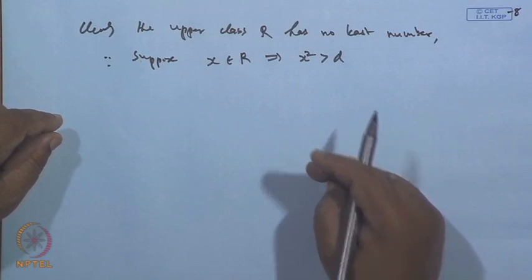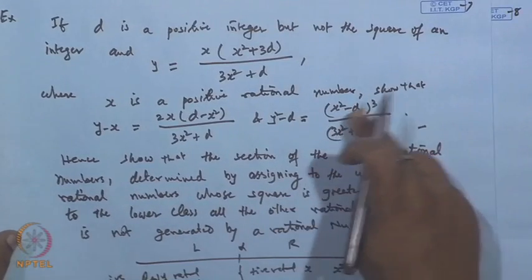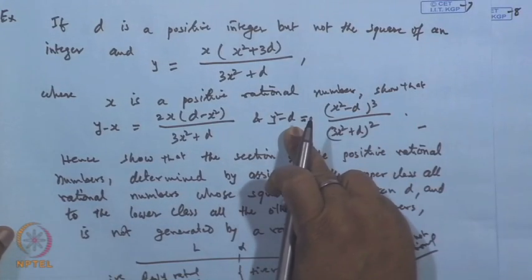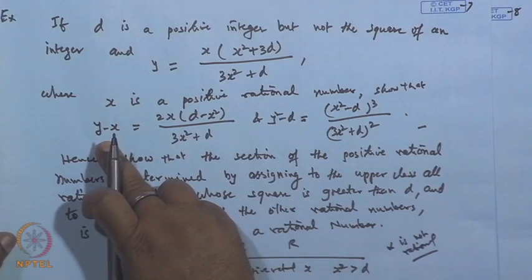When x square is greater than d, then y square is greater than d, and y minus x is negative.